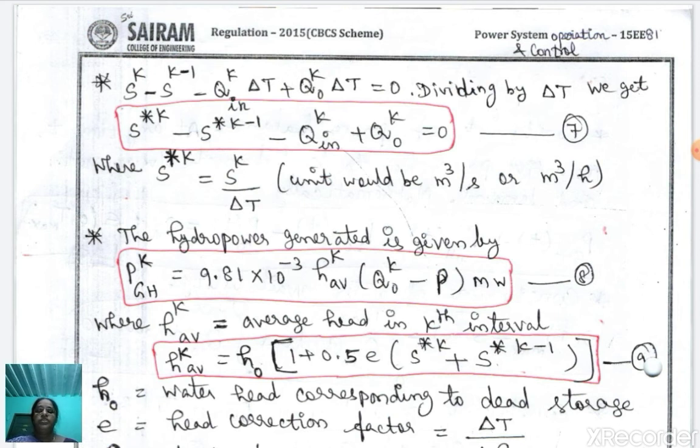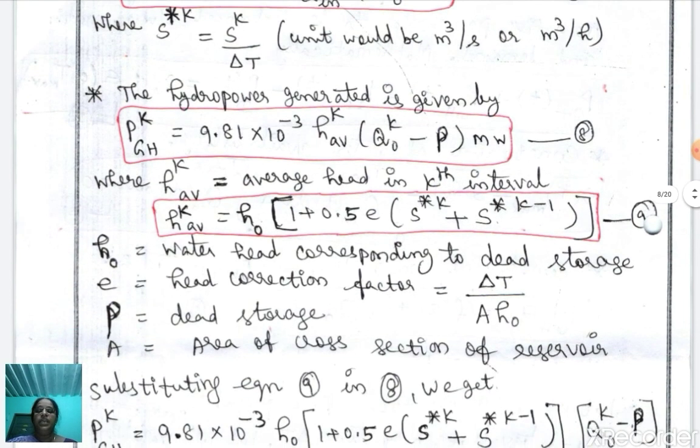Therefore, H average power k is equal to H0 into 1 plus 0.5 E of S asterisk k plus S asterisk k minus 1. H naught is equal to the water head corresponding to dead storage. E is the head correction factor, that is equal to del T divided by A H naught. A is the area of cross section of the reservoir.